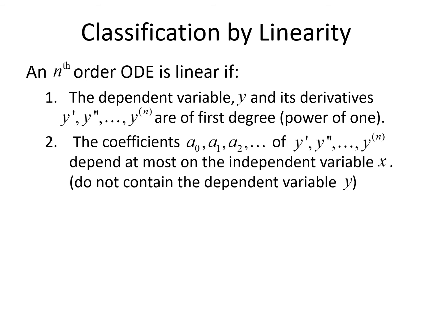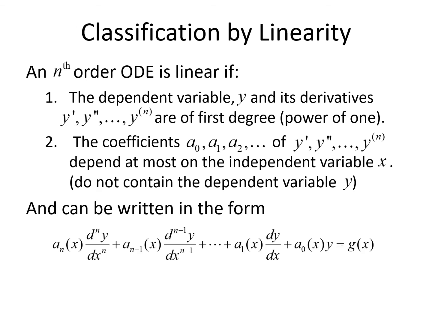The second restriction is that the coefficients a0, a1, a2 of y, y prime, y double prime up to y^(n) depend at most on the independent variable x. That means our coefficients can have x's and they can have constants, but they can't contain the dependent variable y.